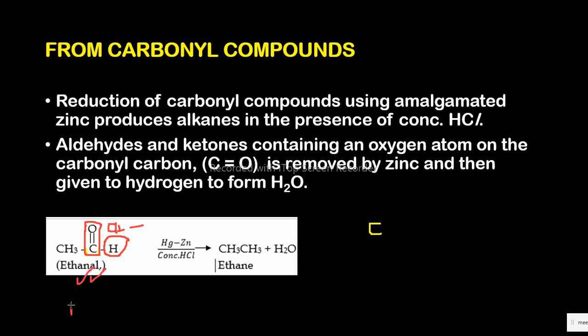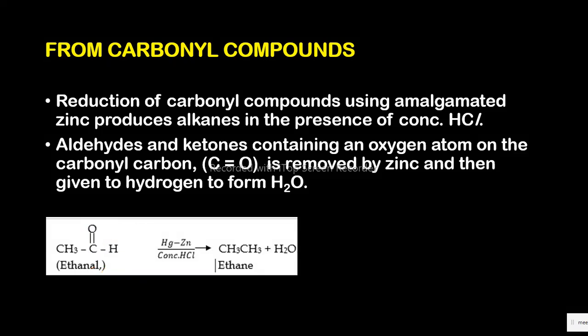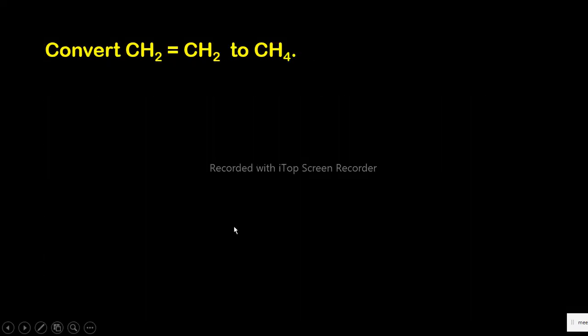We have aldehydes, and this one is an aldehyde, and then ketones. So it shouldn't bother you or worry you a lot. We shall study them, their chemistry and stuff like that.